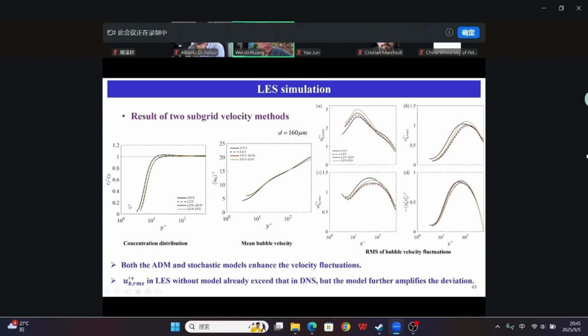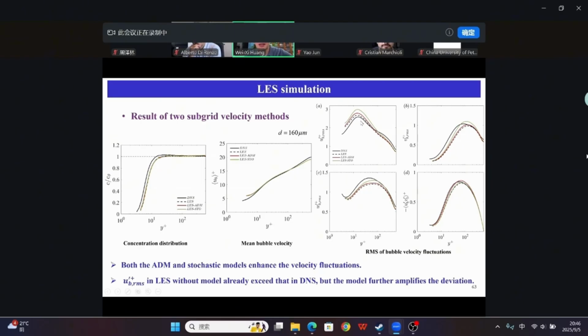For the different models, they have similar density distribution and mean velocity profile. But for the velocity fluctuation, the dashed line is the LES, the solid line is the DNS. For the LES with the subgrid model, U is over predicted compared with the DNS data, but V and W are closer to the DNS data.